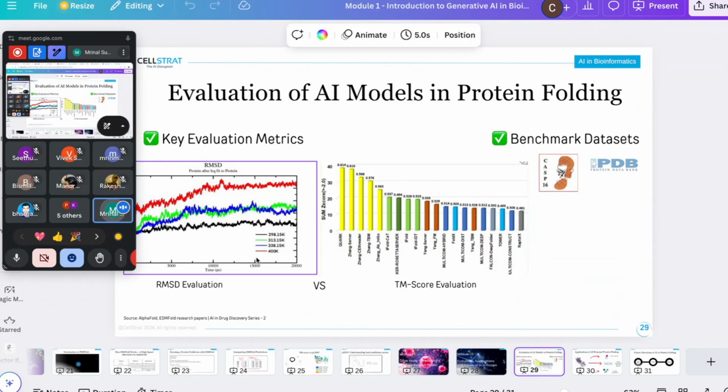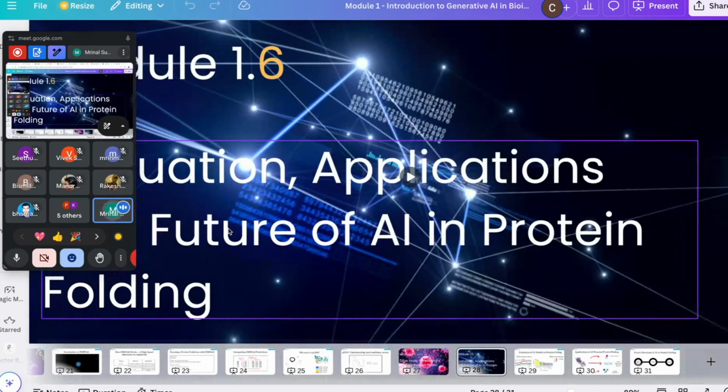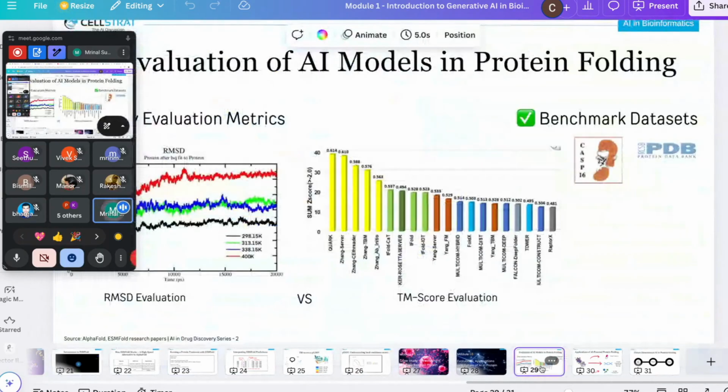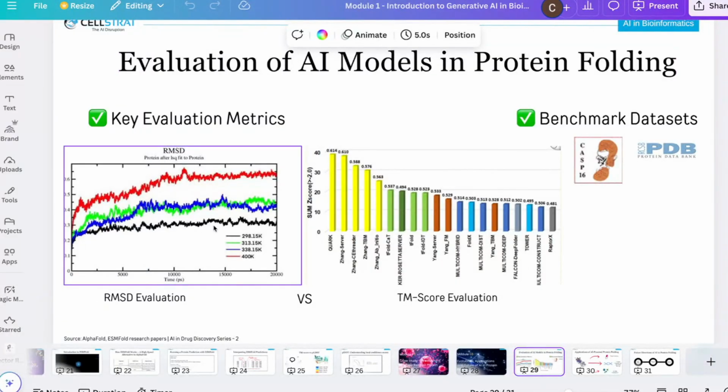In this graph, you can see that there are a number of data lines. What can you infer from this graph?